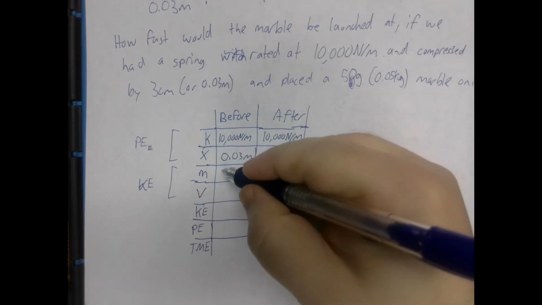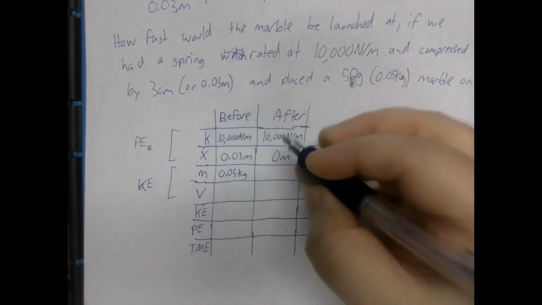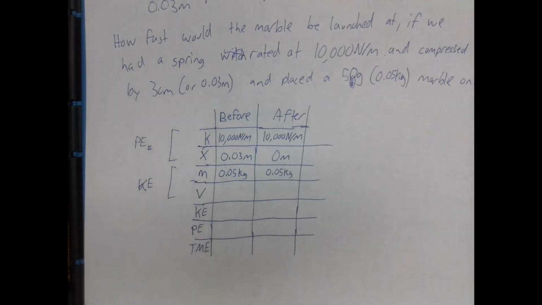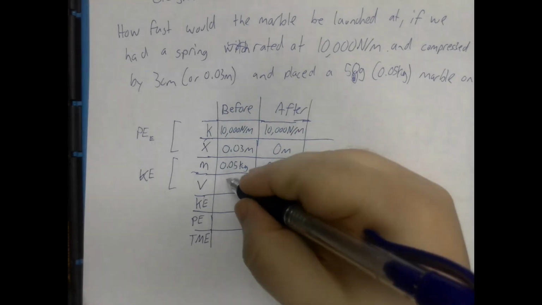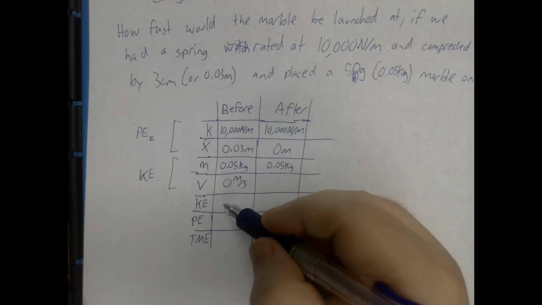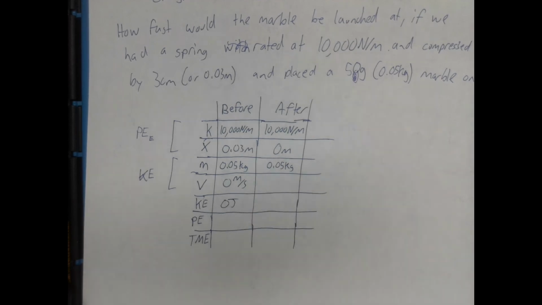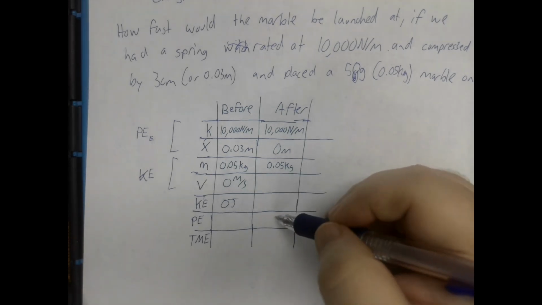The mass of the marble is constant, 0.05 kilograms. Before I release the spring, how fast is the marble moving at? 0. So if it's moving at 0, what would be the kinetic energy? Alright. If it's not compressed by any, how much would the potential energy be?